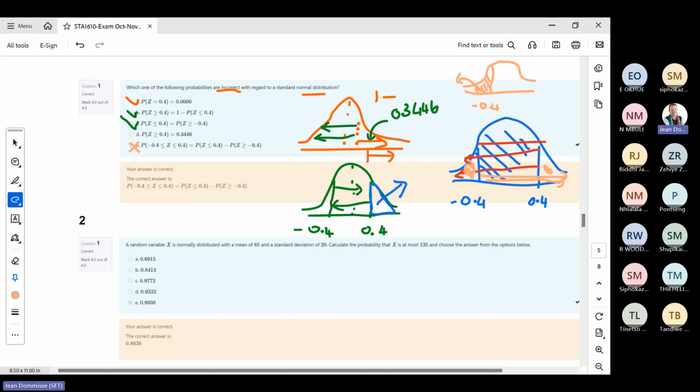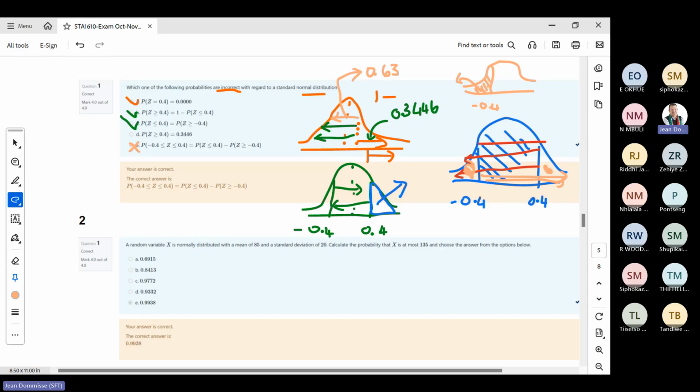But if you want to get this from a positive table, you need to say 1 minus the probability at 0.4. That probability in the positive table is probably something like 0.63.